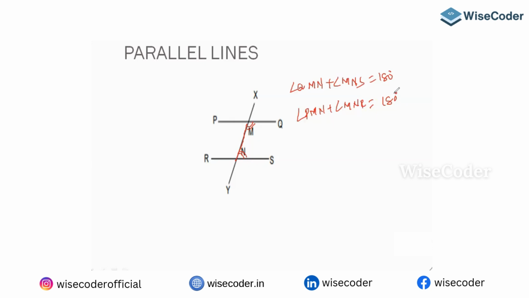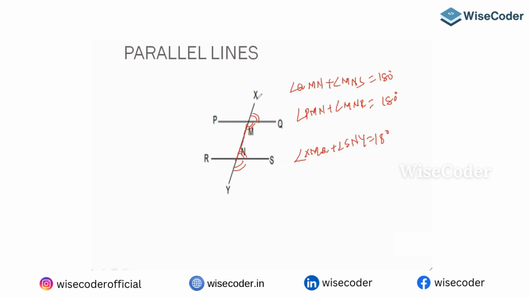In the same way, the sum of the exterior angles on the same side of the transversal is also equal to 180 degrees. What I mean by this? Angle XMQ plus angle SNY is equal to 180 degrees.